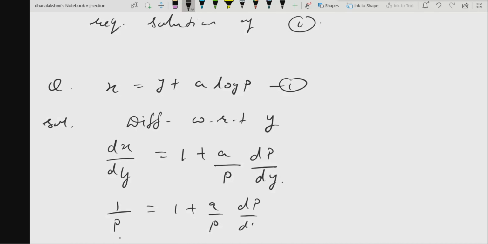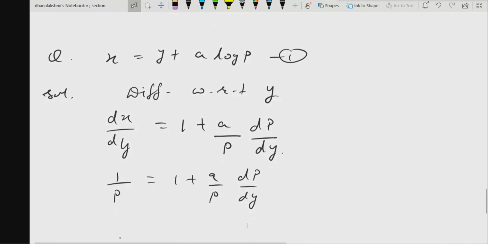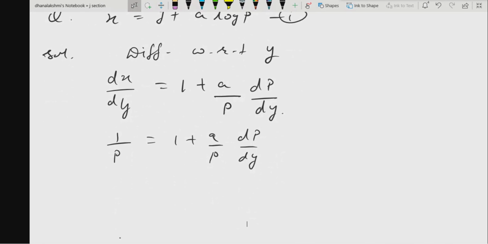Now they are in variable separable form only. Is it in variable separable form? Yes or no? Answer. Yes, ma'am. Separate it. Write dy on one side and the remaining things on the other side and tell me what you are getting. dy equal to a dp by 1 minus p.